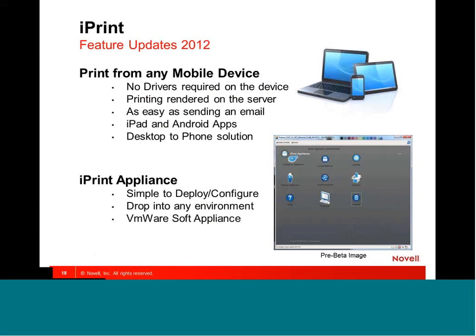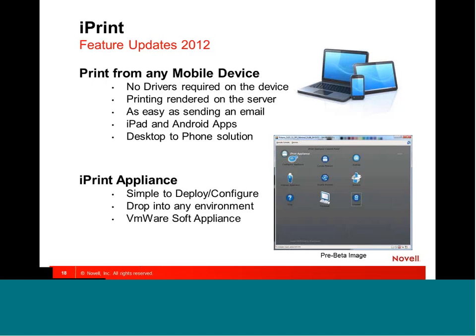So to help work with some of these new challenges that are out there, we've actually got 2 new things that are underway, which I think will really do some good stuff for our end users and also for our IT staff. Number one being the mobile printing capabilities that we're doing. So as people have walked in with these new tablets or phones or even your desktop, we are now providing the capability for email-based printing.